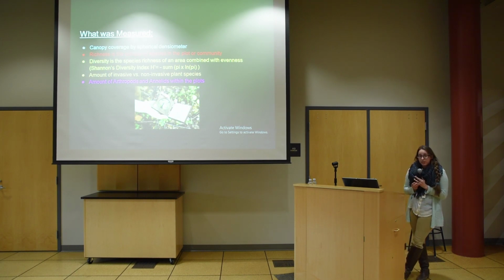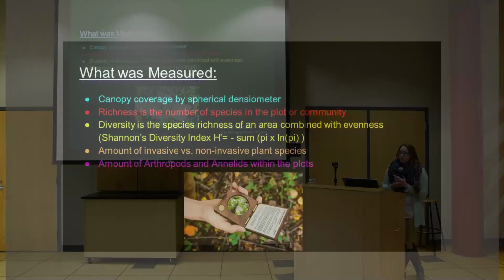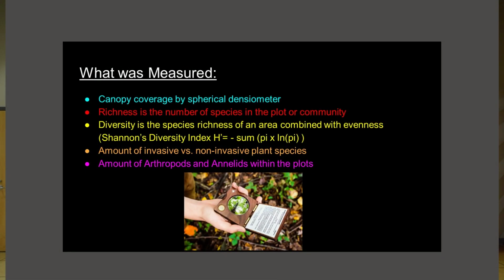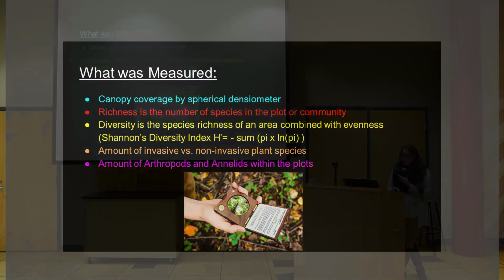And what was measured during these gatherings was the canopy cover with the spherical densiometer, which is shown in that picture. So typically, I would stand over my plot, and I would hold it straight out and try to get it as level as possible. And as you can see right here, there are little tiny squares throughout, and that is how I would get my canopy cover.